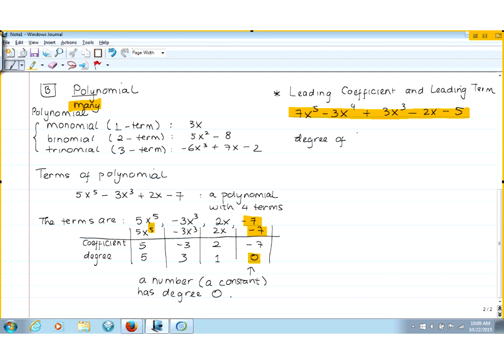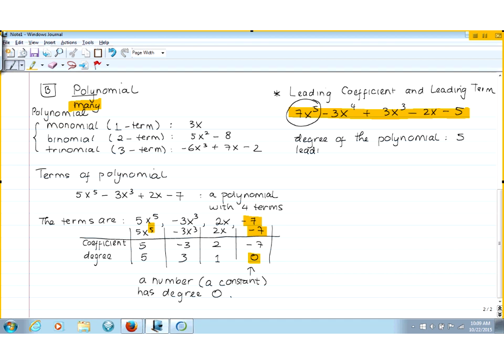What is the degree of the polynomial? Yes, the degree is 5. Do you know which one I'm looking at? I'm looking at the highest one. Okay, that's the highest one.